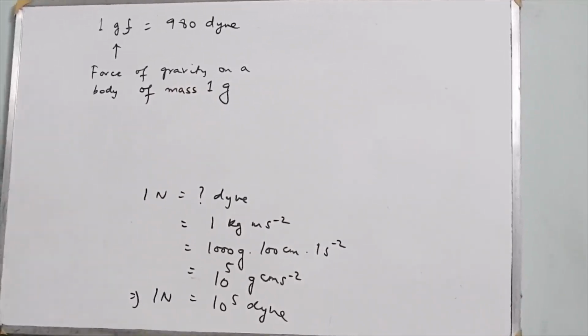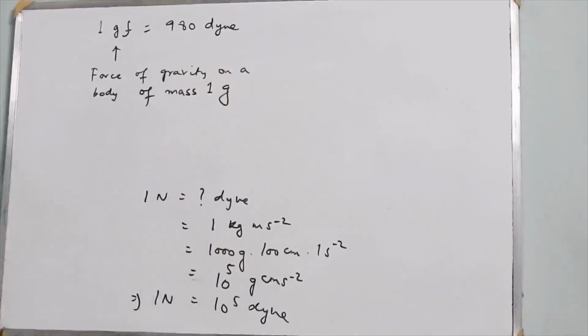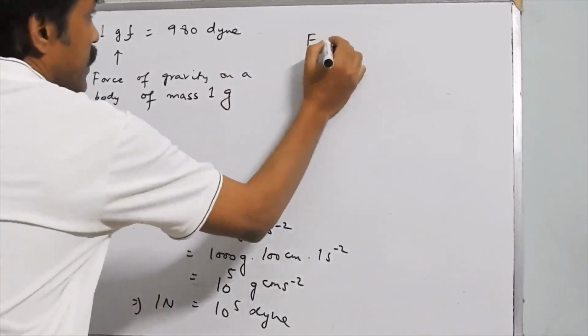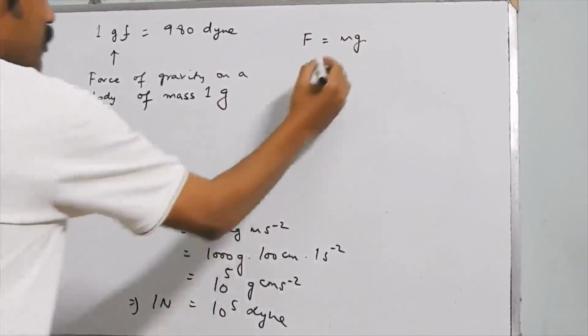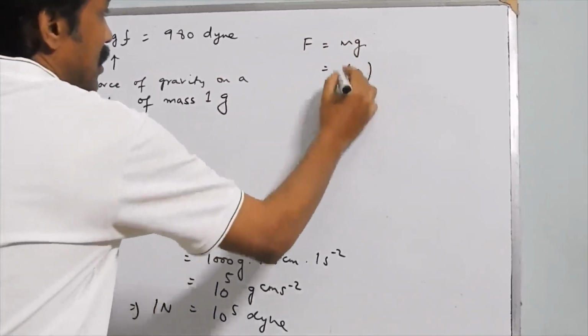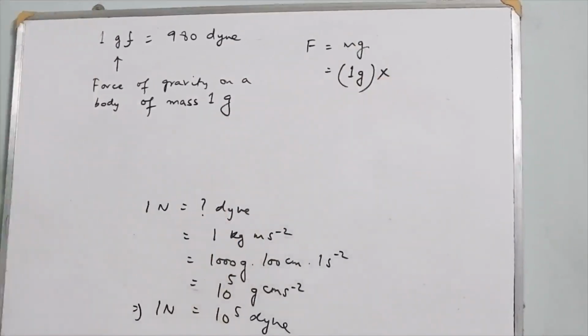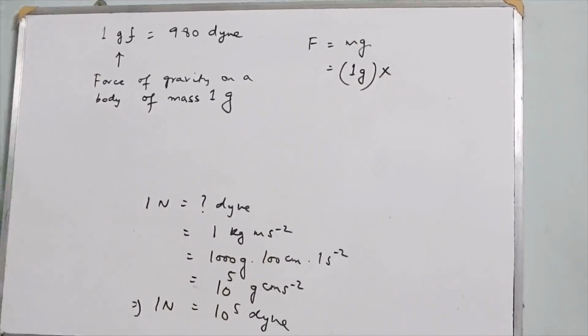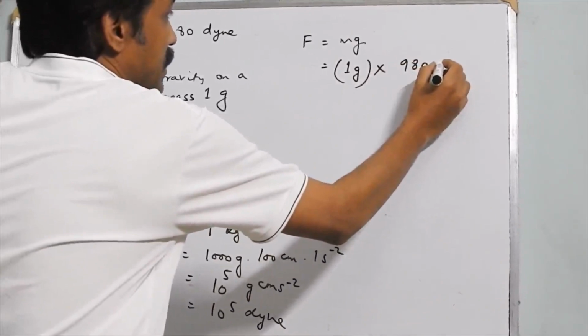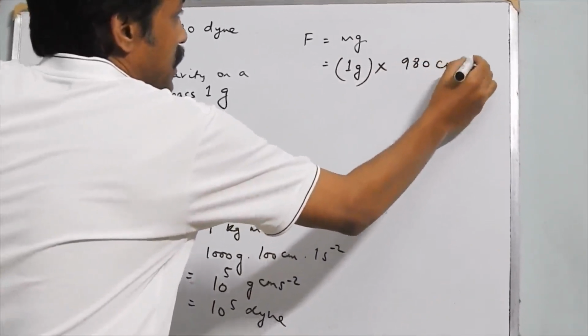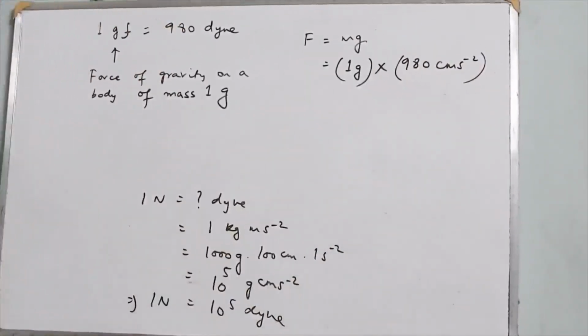So how do we achieve 980 dyne? Now force of gravity is equal to mass into acceleration due to gravity. Now your mass is 1 gram, and g, that is acceleration due to gravity, has the value 980 centimeter per second square in CGS unit.